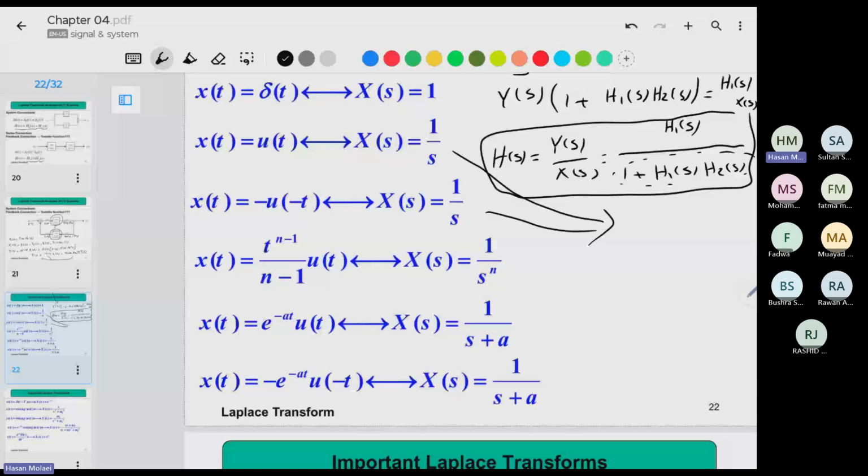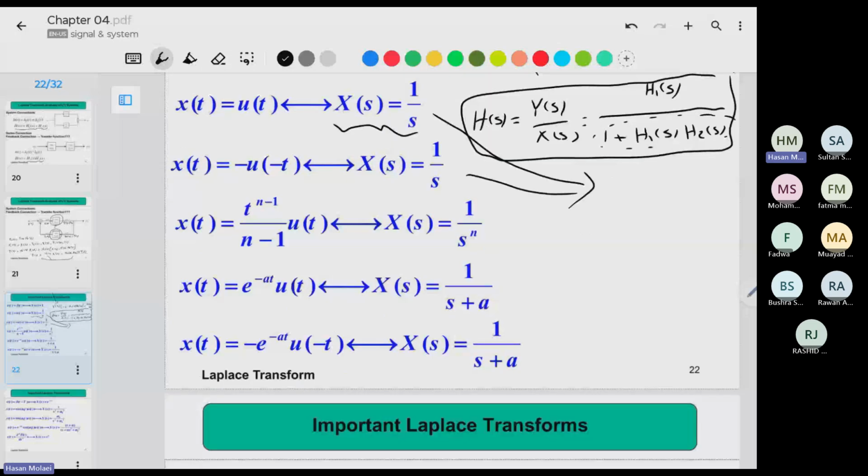What is the ROC of this one? Right side, which means from where to where? From 0 to infinity, because the pole is at 0. How about this one? ROC? Yes. From minus a to infinity.